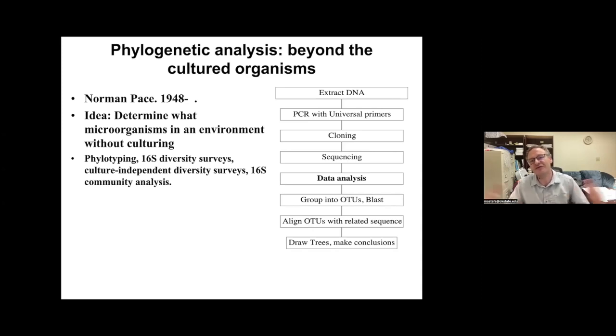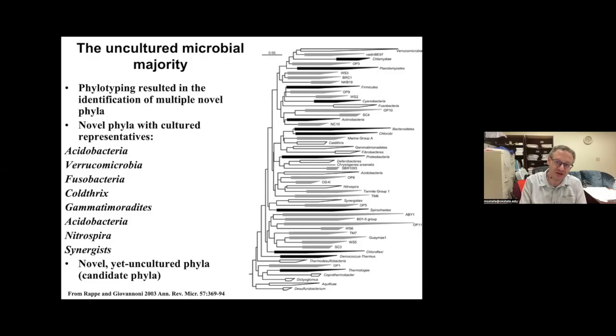When you think of how vast the ocean is, how vast soil is, we were really missing a lot of microorganisms. Sequencing technology is now much easier, so you can do a lot of these studies. You can get a lot of sequences per sample, and you can do a lot of samples for a relatively cheap price, and that helped a lot in the democratization of this type of study.